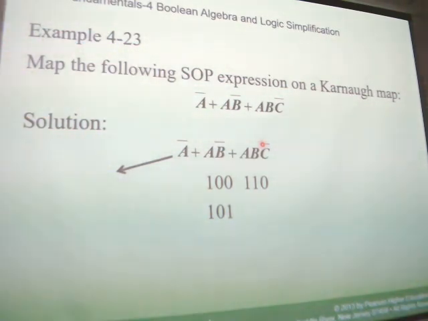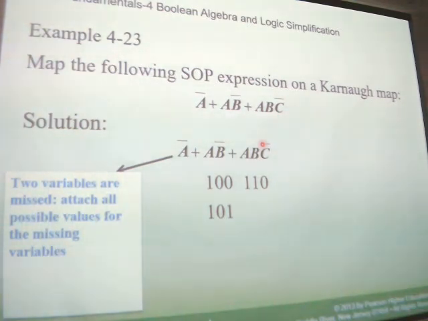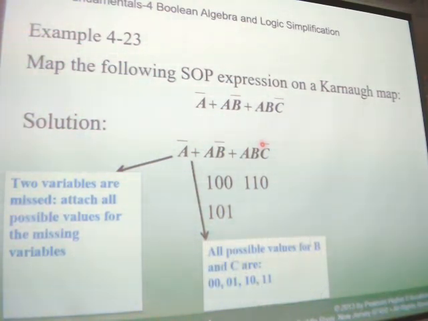There are four product terms, and we must write down these four.